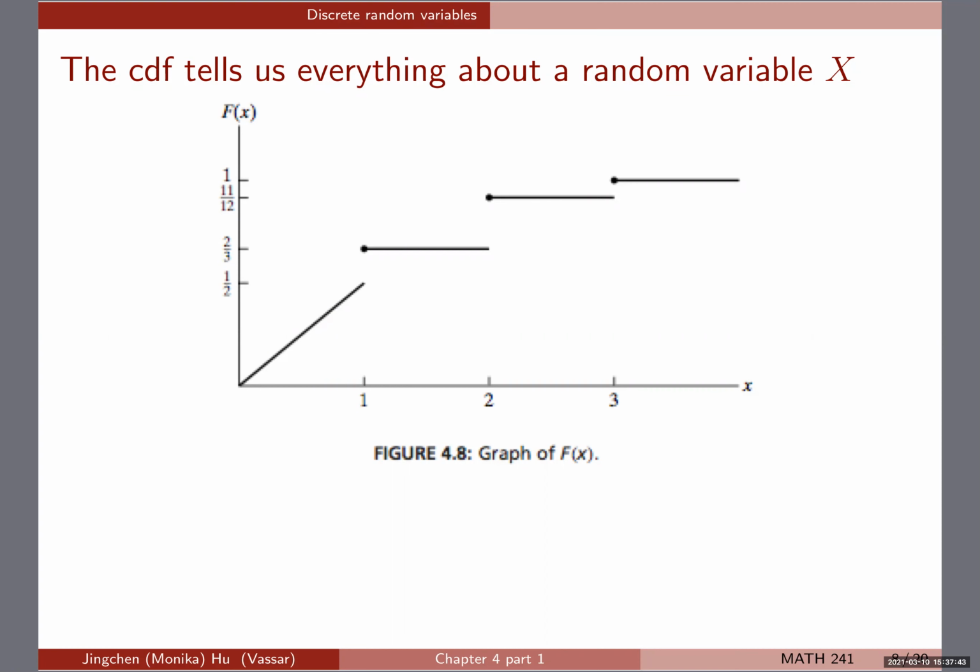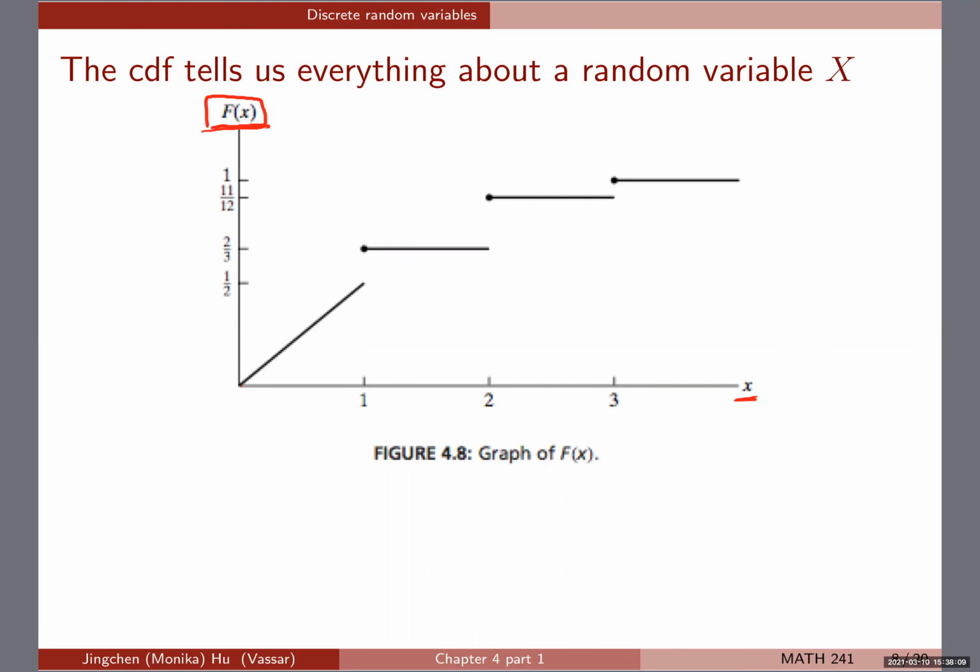On the x-axis is the value that the random variable can take, and the y-axis here is the CDF. So take a moment to think about what this graph is telling us. This graph is pretty interesting. It's showing us the CDF function for the entire possible space of what random variable x can take.